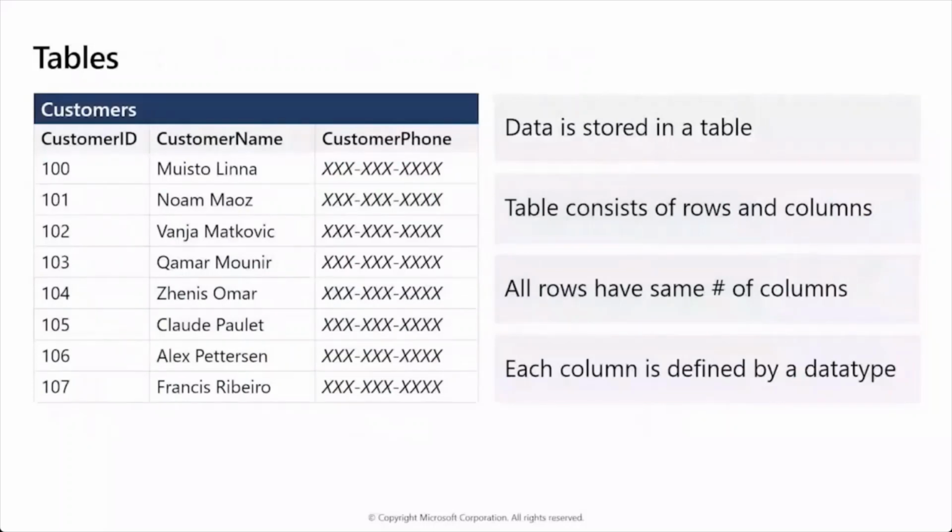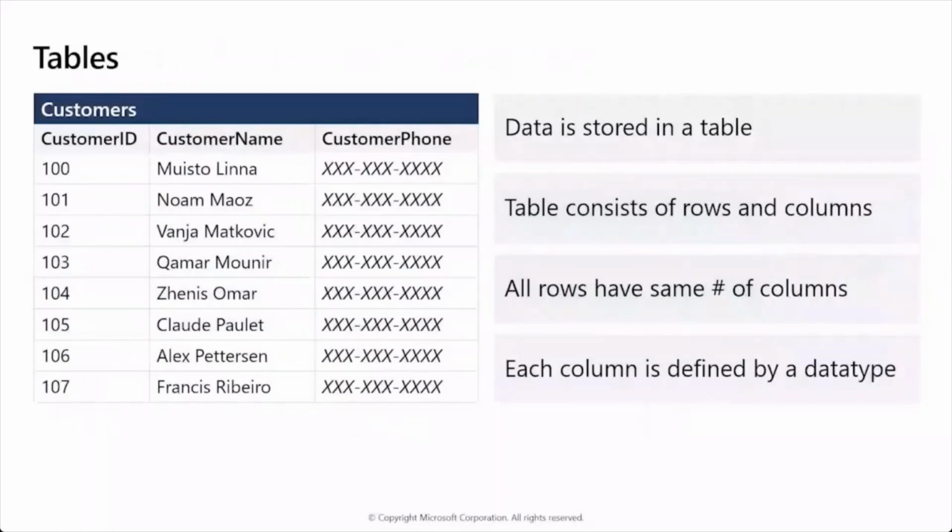For example, an e-commerce system might use a database to record information about the products that this particular e-commerce site or organization might sell, as well as some of the details of their customers and the orders that they've placed. So we have a customers table here, which stores the customer ID, the customer name, and the customer phone number.